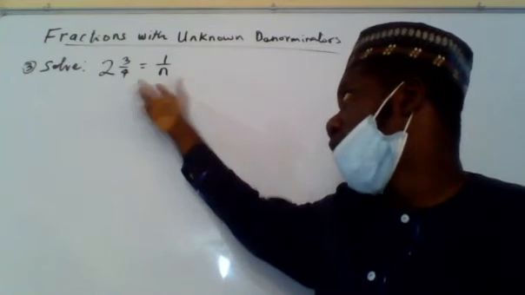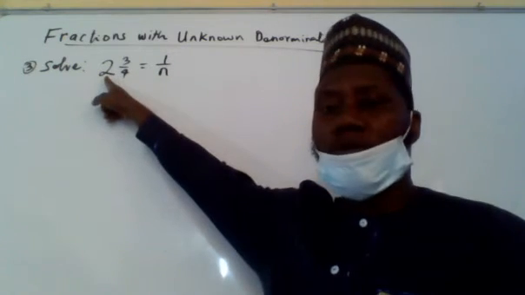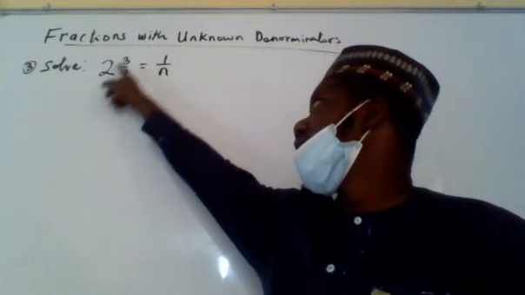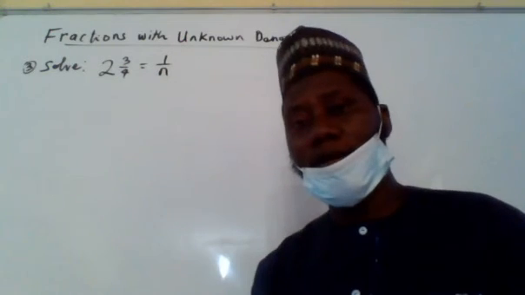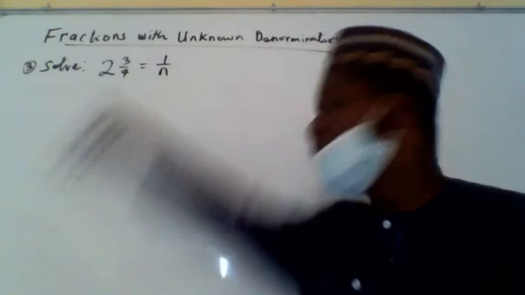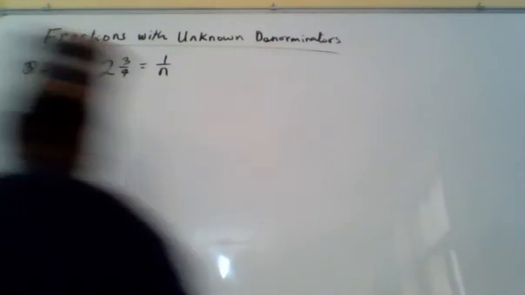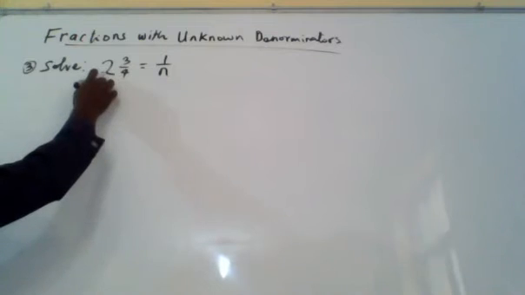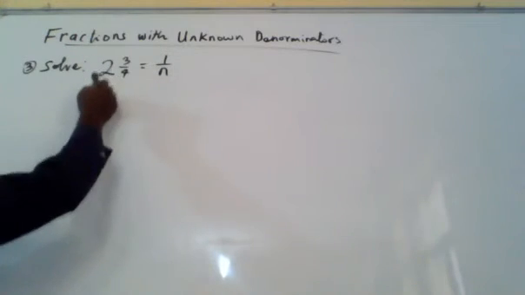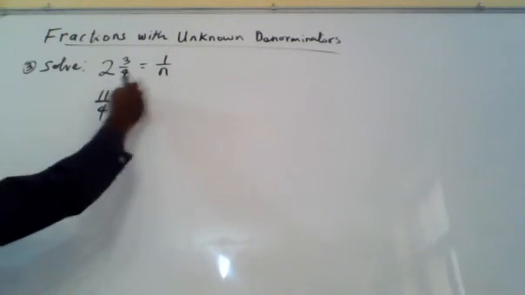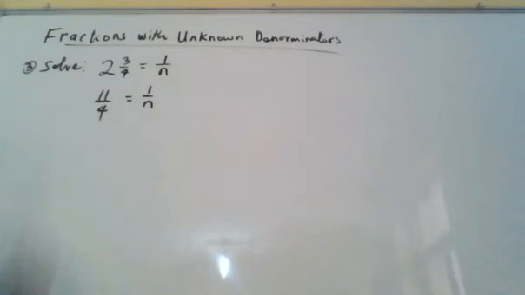And the steps involved: 4 times 2 will give us 8, 8 plus 3 will give us 11. So that will now be 11 over 4. That is the converted fraction. So we're going to be having 11 over 4 equals 1 over n.